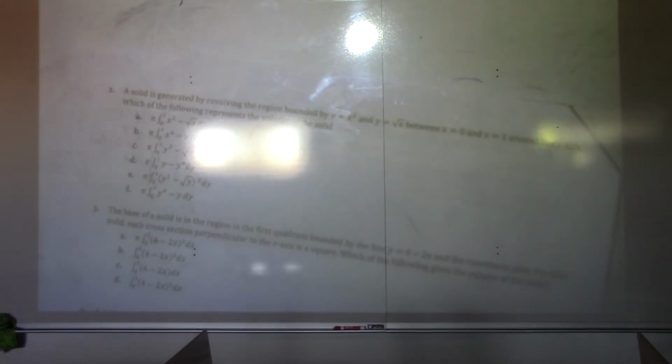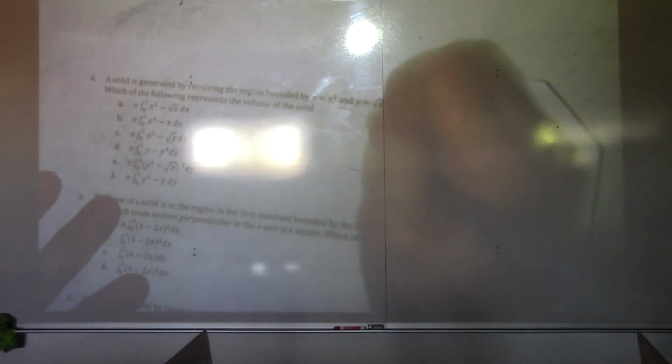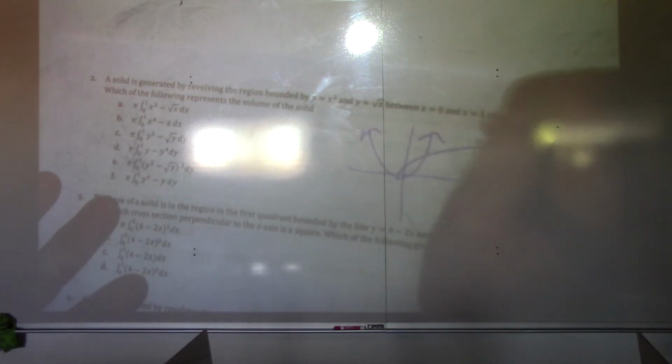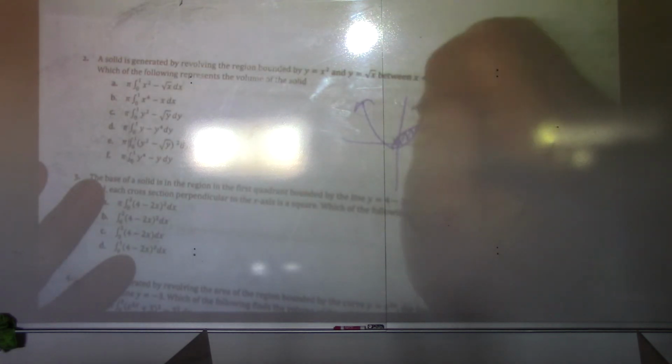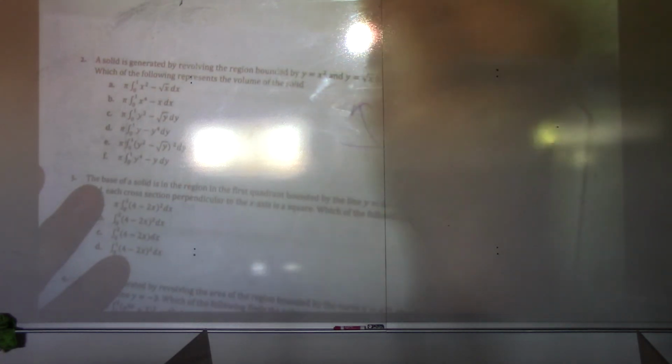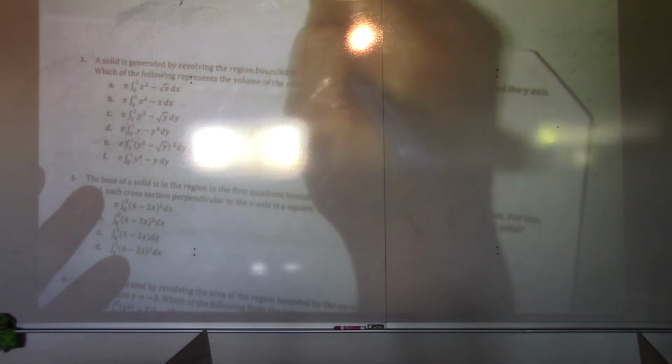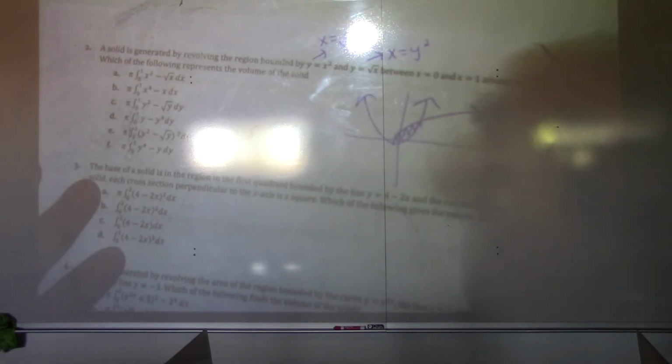A solid is generated by revolving the region bounded by x squared and square root of x between 0 and 1 around the y-axis. I can put this as x equals y squared and x equals square root of y. This one is the square root of x, which is the y squared equation.